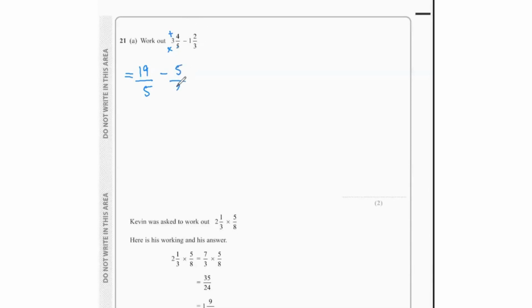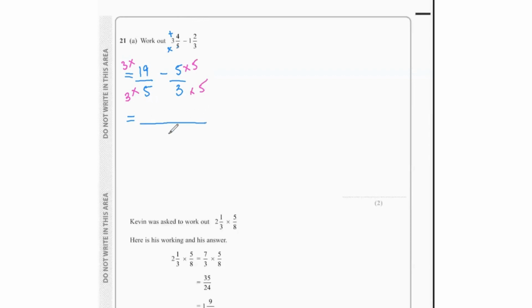So 5 over 3. Next step is to see whether we're adding fractions with unlike denominators or like denominators. Since the denominators are unlike, we need to make them the same. To make them the same, we will multiply the first fraction by 3 and the second fraction by 5.